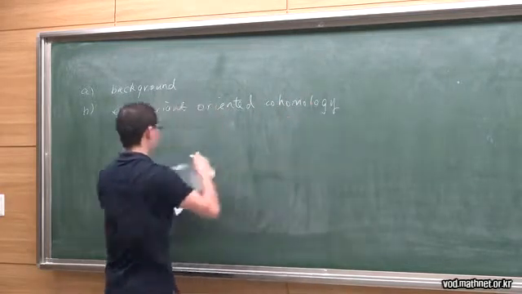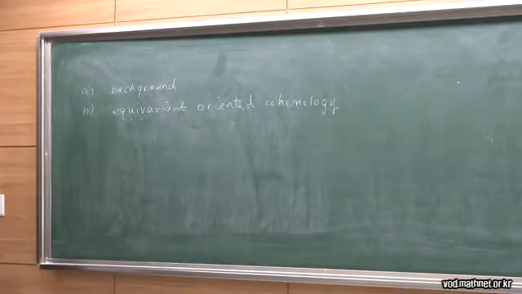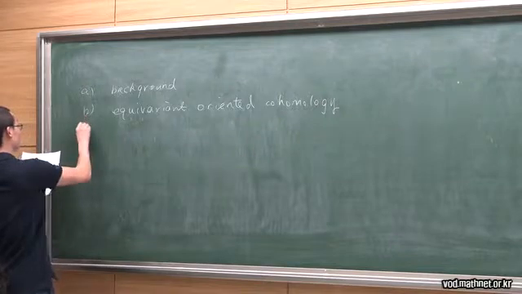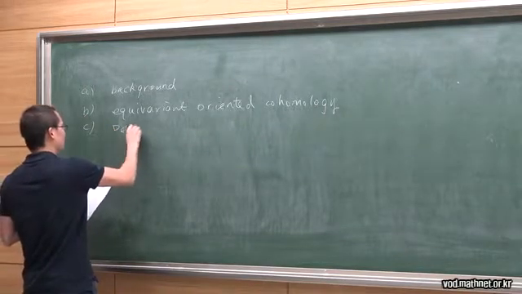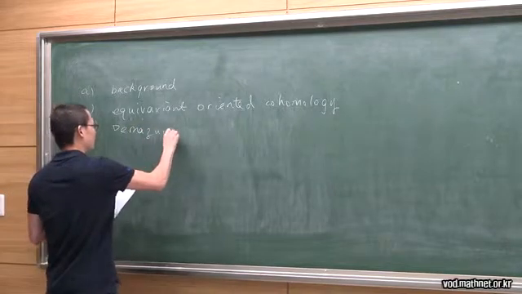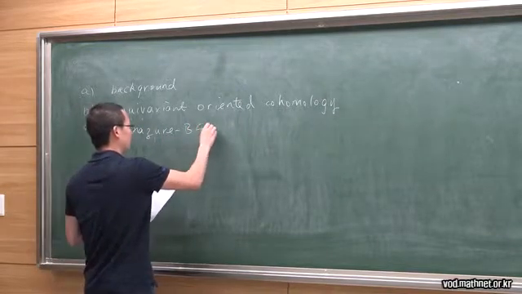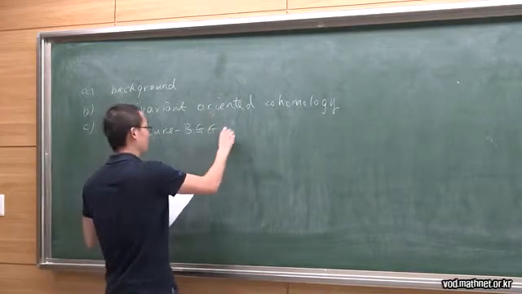Oriented cohomologies here, I'm talking about the one in the sense of Levine and Morel. And then I will talk about number 2, which you also call BGG operators, or divided difference operators.